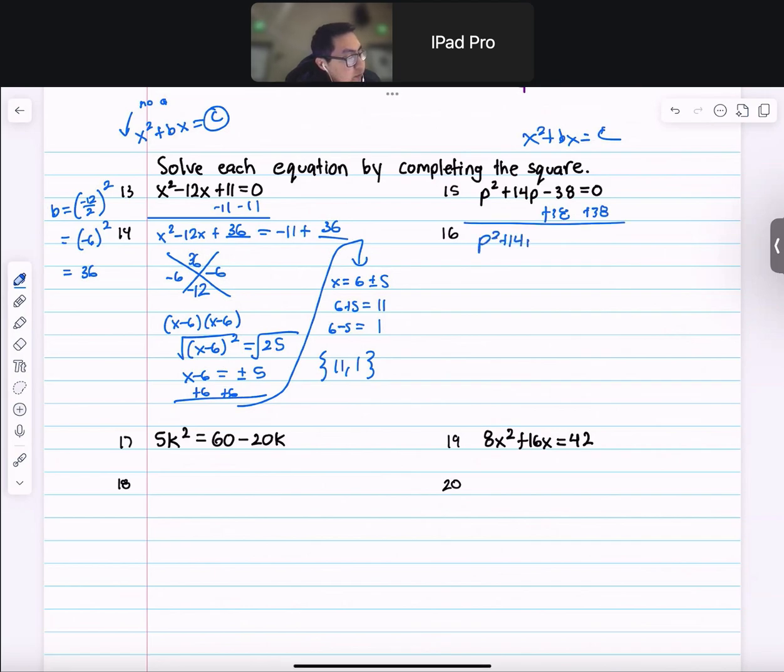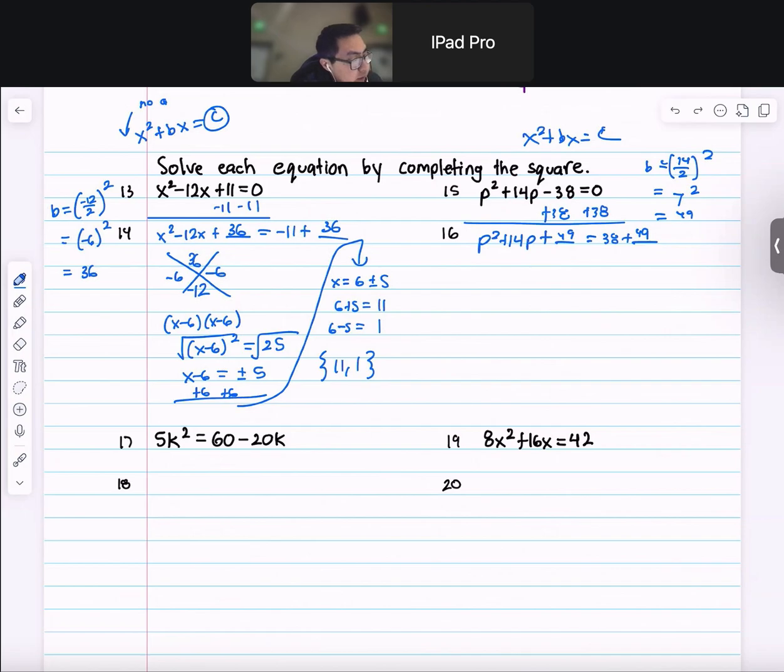So p squared plus 14p plus placeholder equals 38 plus placeholder, right? And again, you take the b value, divide it by 2 and raise it to the second power. 14 divided by 2 is 7, squared is 49. So we're going to add 49 to both sides. Now this is great, so we could complete the square right there.